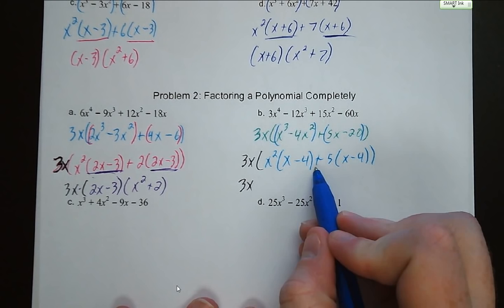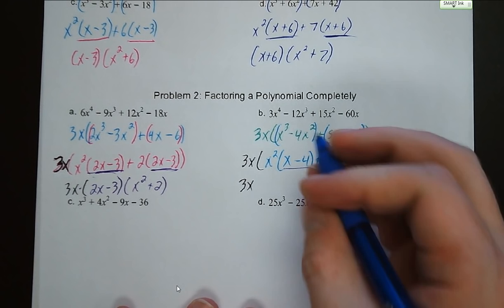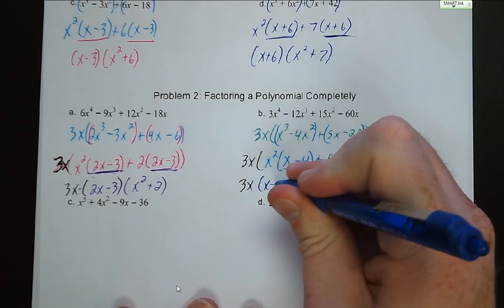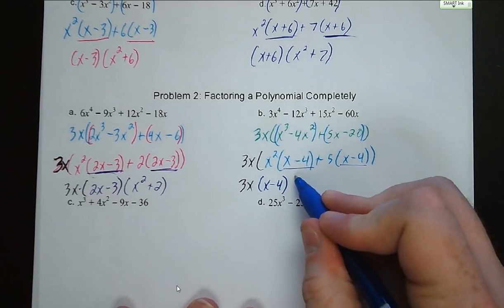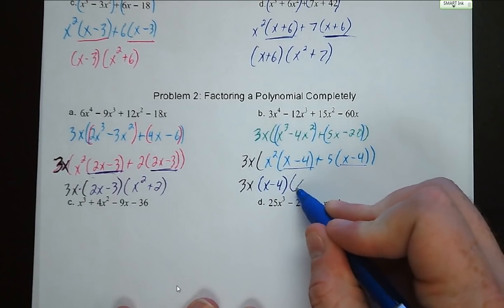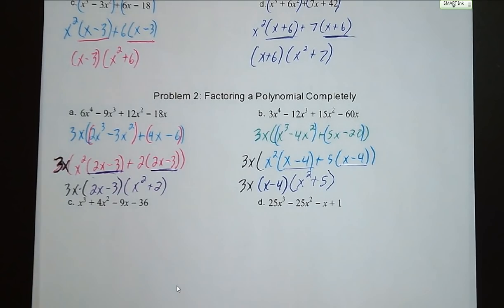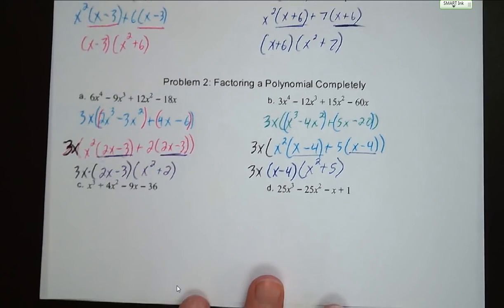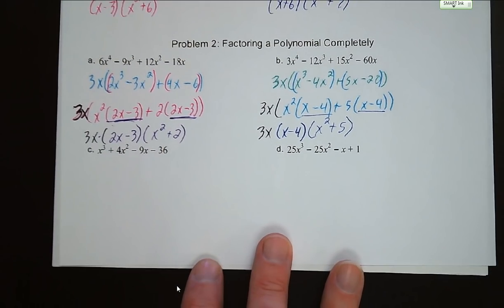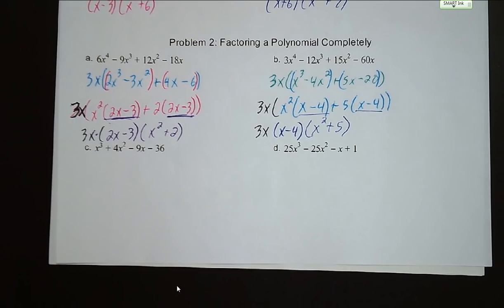X minus 4, x minus 4. What am I left with? X squared plus 5. Okay. All right, you guys try letters C and D on your own, and then we will go over them.